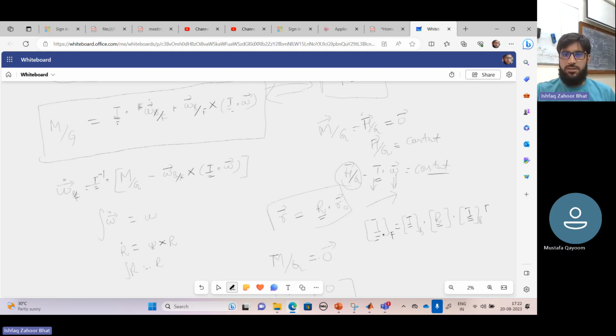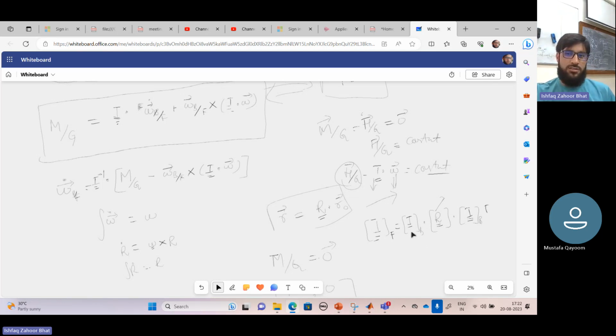So this is the inertia tensor in the fixed frame. And since this R is continuously changing, that means this inertia tensor in the fixed frame is continuously changing its components. Why is this R changing? From R dot, since there is omega, there is R dot and other things going on. And you can calculate this at each instant of time. You have to calculate the components of this I in the fixed frame.